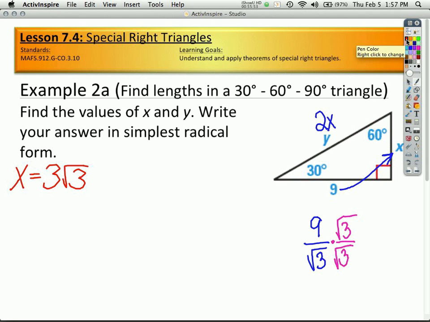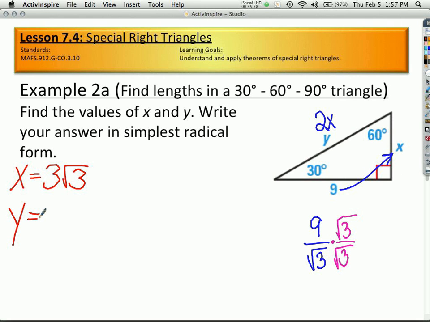What will y be? What will y be? Just got a couple people who can do that mental math. Go ahead, John. 6 radical 3. Yeah, it's just 6 radical 3. 3 radical 3 times 2 is just 6 radical 3.